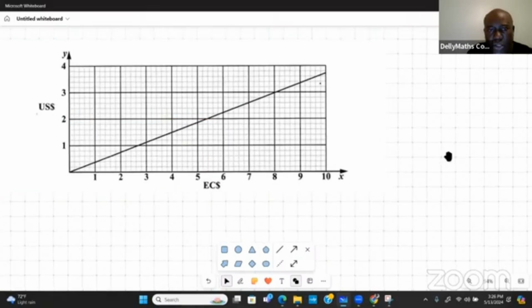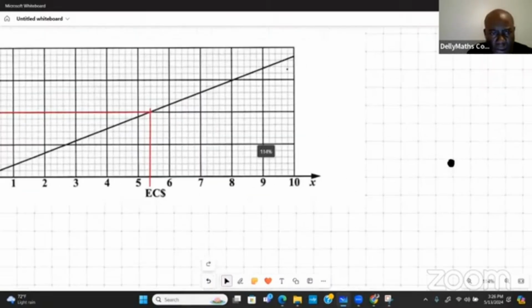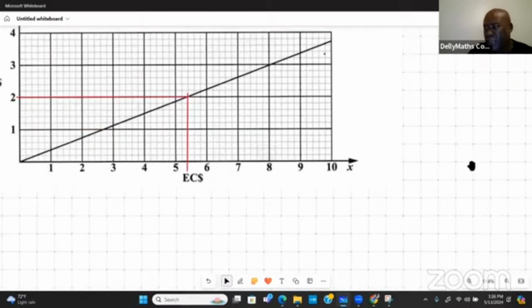So all I'm going to do is interpret what's going on right here. Based on what we're dealing with, we're moving by 0.2, all right: 5.2, 5.4, 5.6, 5.8. So the mark we're at is actually $5.40. All right, so we're picking that up from the graph right there.